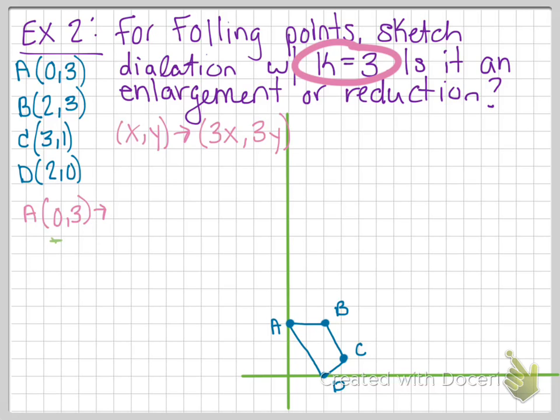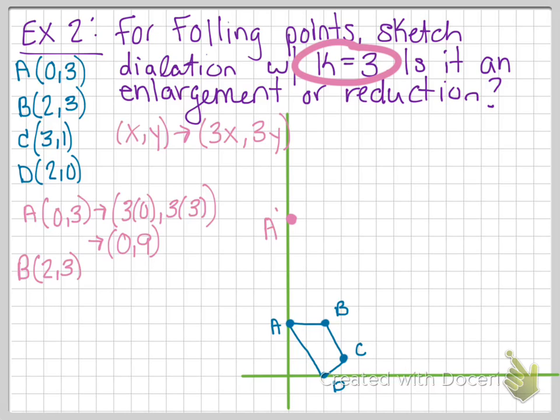My x is 0, and my y is 3, and I'm just going to plug that into my formula. Again, my 0 goes where my x is, and my 3 goes where my y is. Then I just simplify. 3 times 0 is 0, and 3 times 3 is 9. And I go in and graph my point. I go over 0 and up 9.